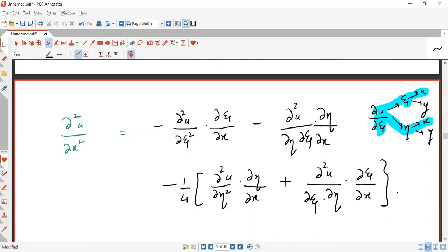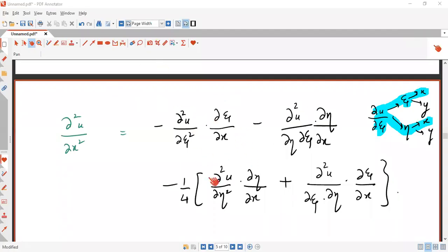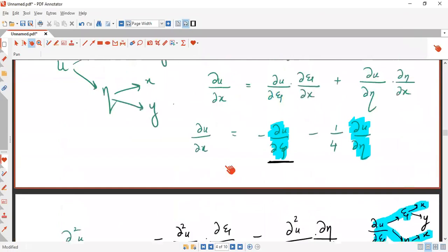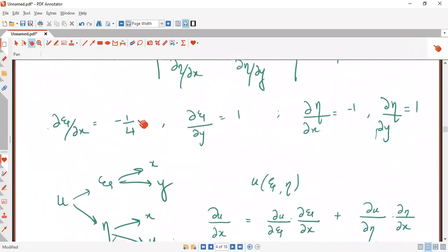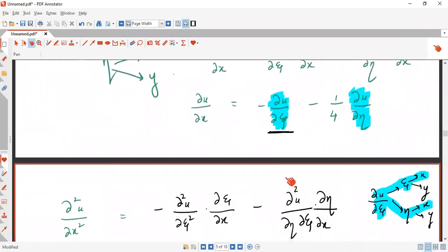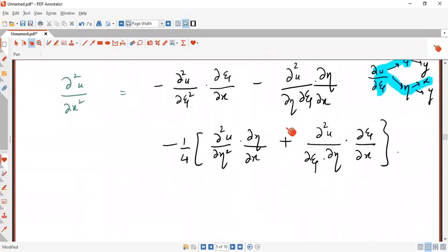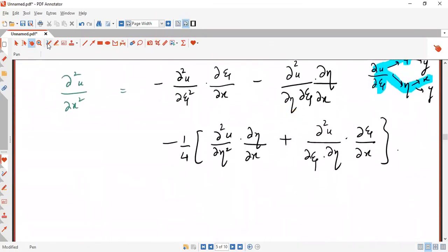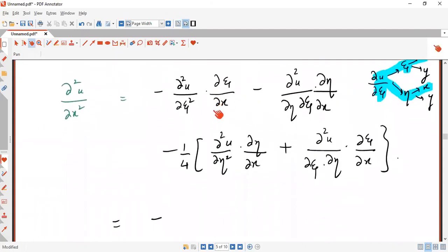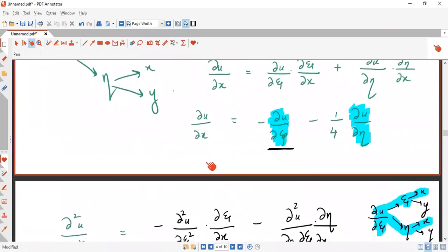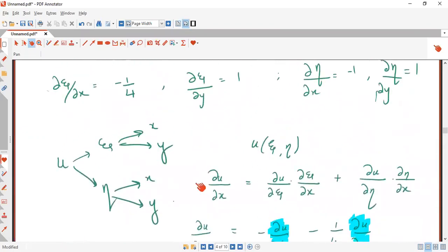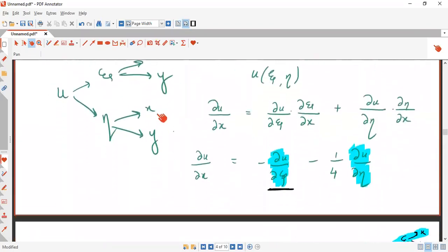Now again substitute the values which are given. What is the value of del xi by del x? Substitute again: del xi by del x is minus 1 upon 4 and del eta by del x is minus 1. So it will become minus of del square u by del xi square, del xi by del x. Del xi by del x is minus 1 upon 4.